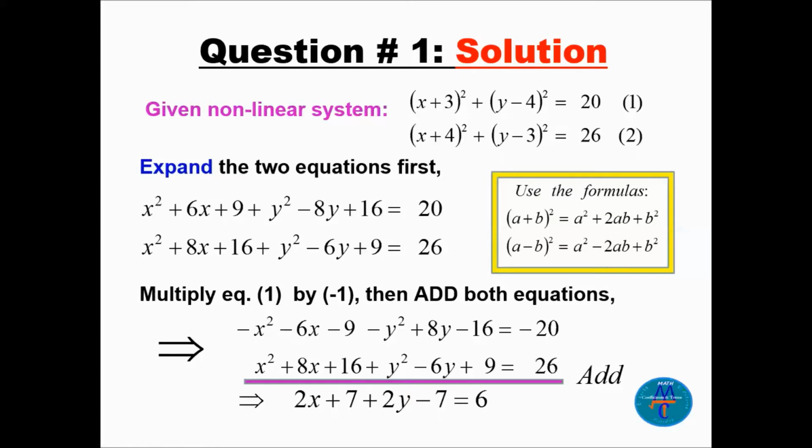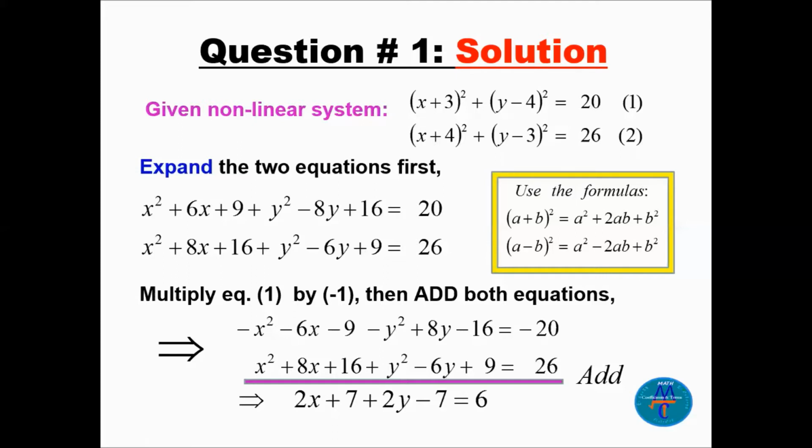From this equation, I will get a simple equation that relates x and y. Because the aim here is to make one equation in one variable, to find that variable first, then you come back to the system.